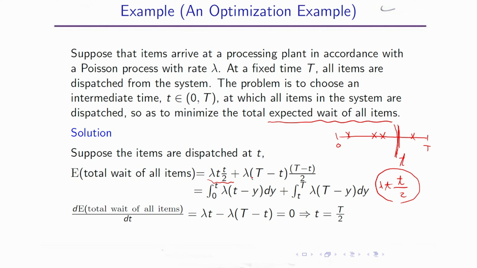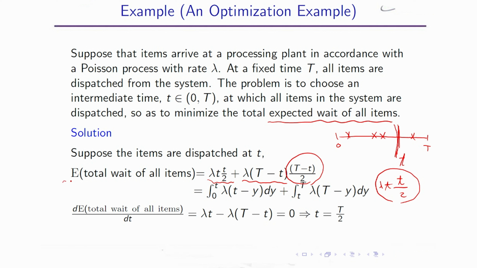We know that the number of items that would arrive between little t and capital T would be lambda times (capital T minus little t), right? And similarly, the wait time of each item would be (capital T minus little t) divided by 2, right?